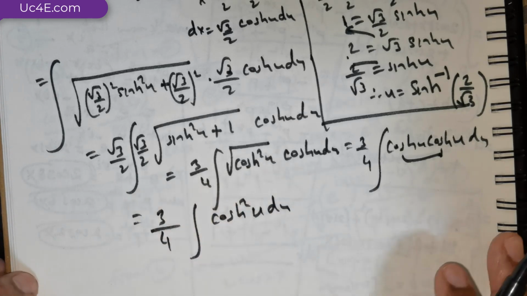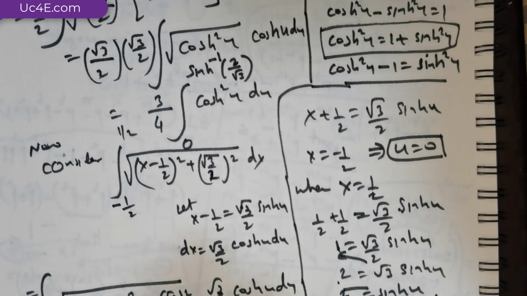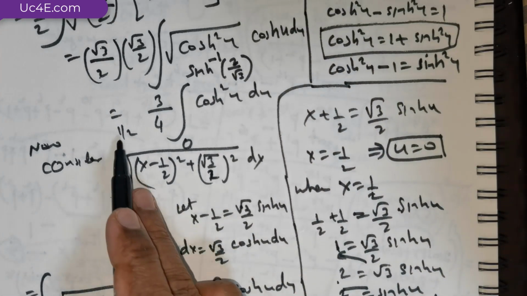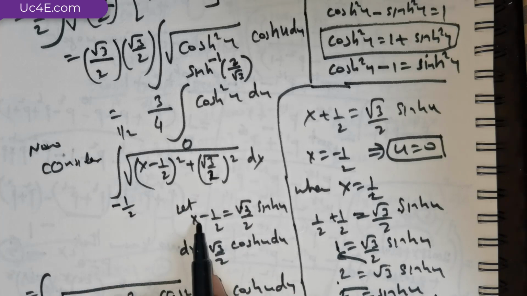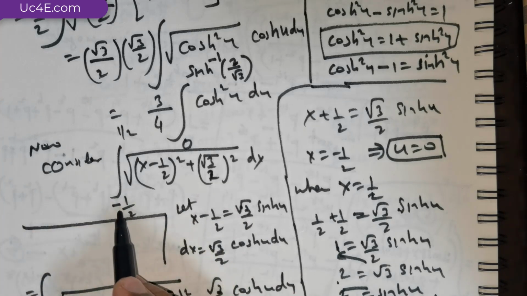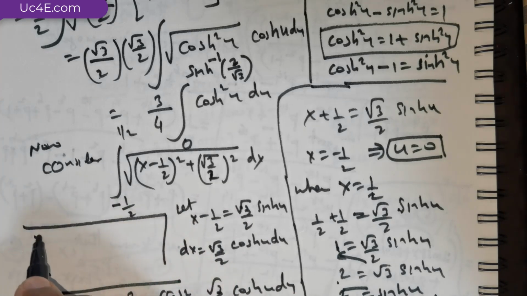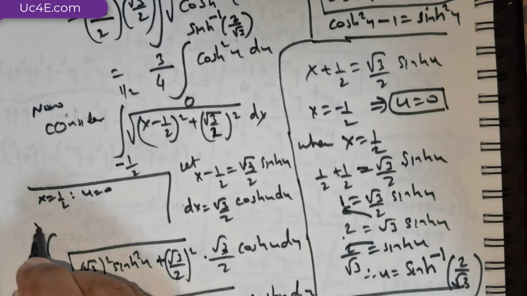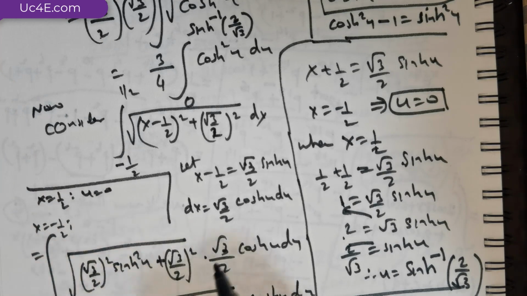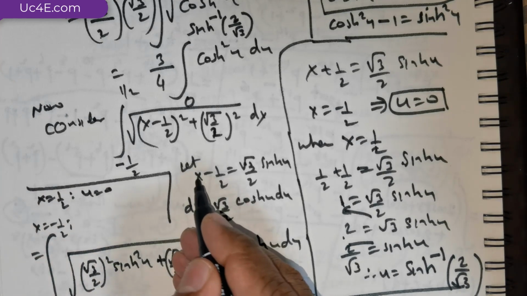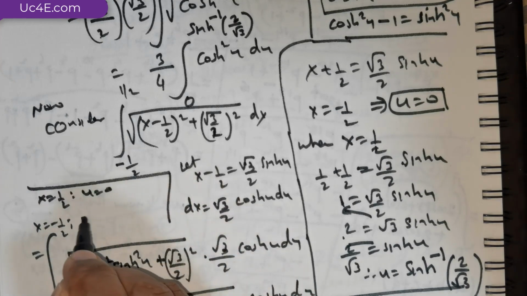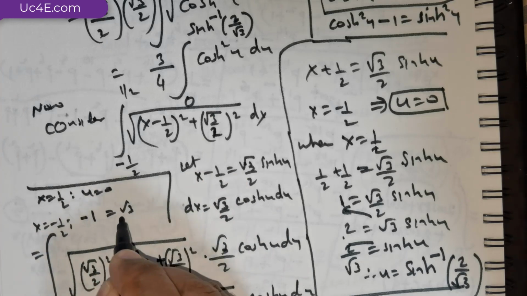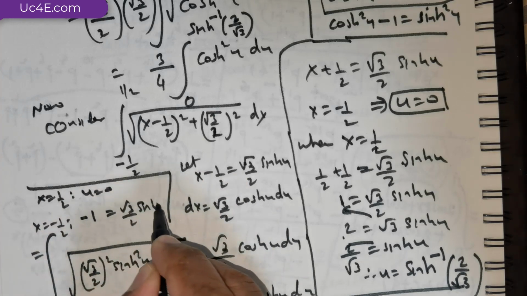Now the limits. Now I substitute the upper limit. The upper limit will give me 0, right? But I substitute the lower limit. So you can write it. When x is equal to 1 over 2, u is equal to 0. But when x is equal to negative 1 over 2, what do I get? Negative 1 over 2 added with negative 1 over 2, I get negative 1 is equal to root 3 over 2 times sinh u.